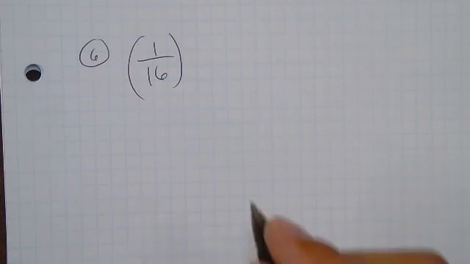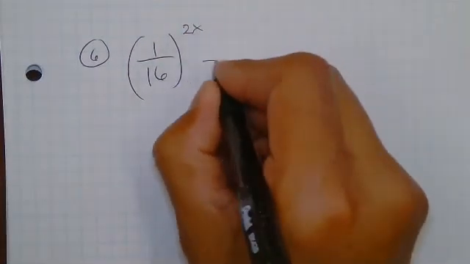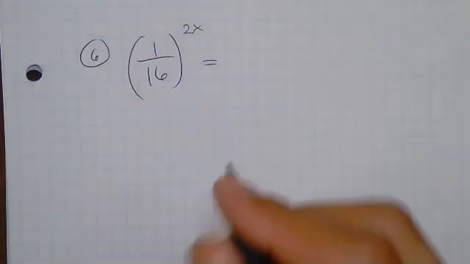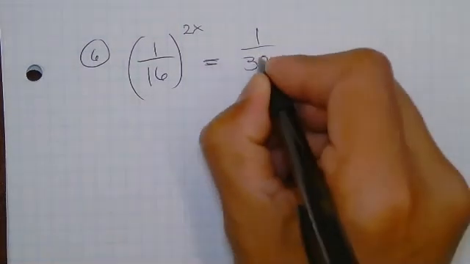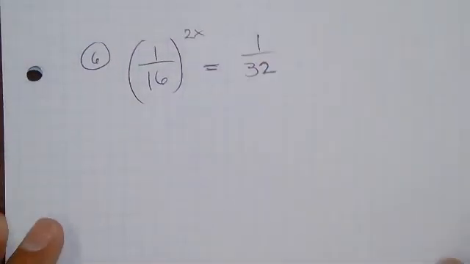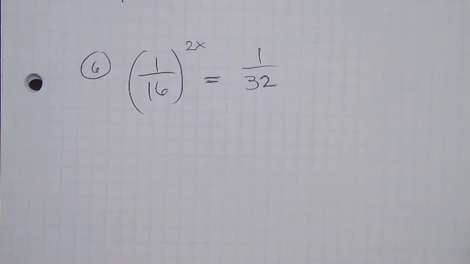Okay, last one. 6. Okay, (1/16) raised to the power of 2x is equal to 1 over 32.